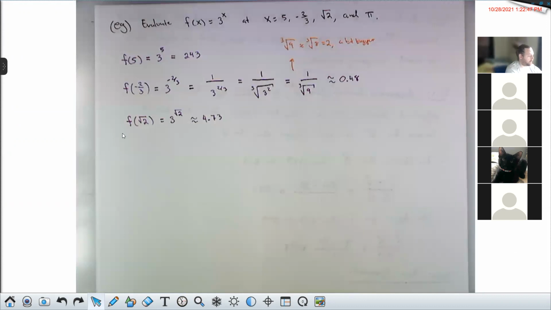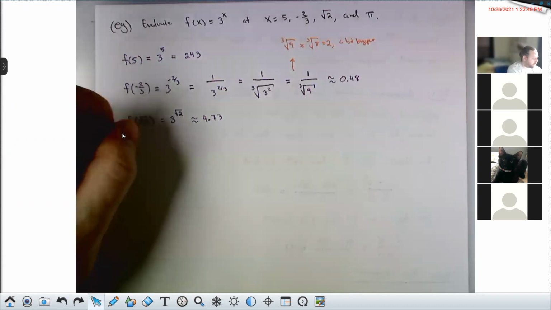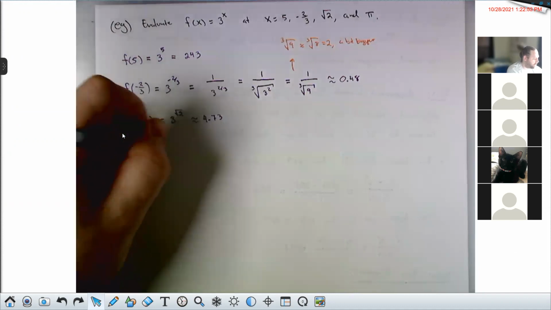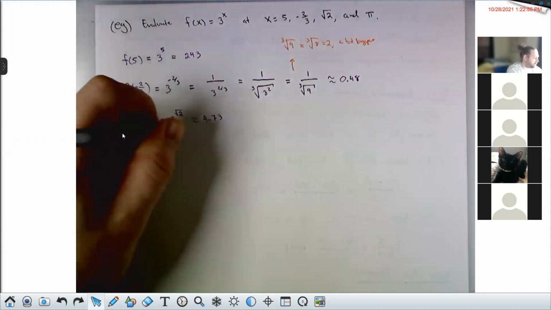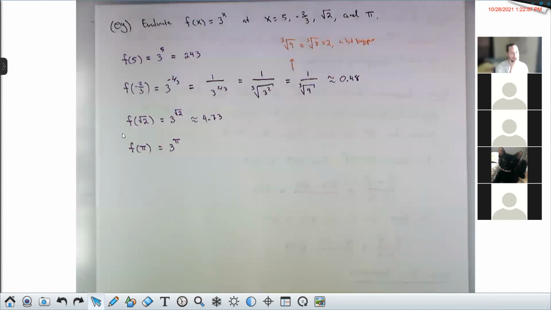And then finally, f of pi. Well, this is by definition 3 to the pi. And I can apply that same sort of reasoning I used for the square root of 2 to estimate the size of this. I know that pi is 3.1415926, blah, blah, blah. So 3 raised to the pi should be a bit bigger than 3 raised to the 3.